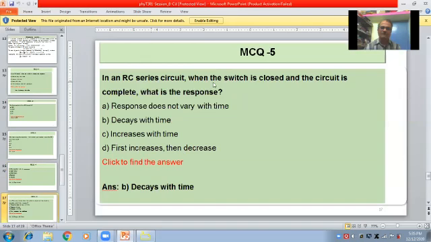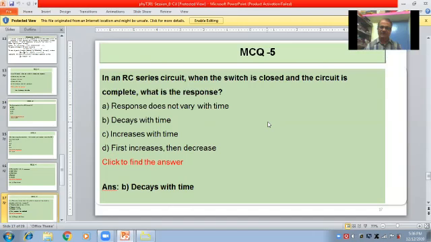And in an RC series circuit, when the switch is closed and the circuit is complete, what is the response? Again here it is written as decays with time. Again it is questionable which key is closed, whether the charging key or the discharging key. K1 and K2 were there.